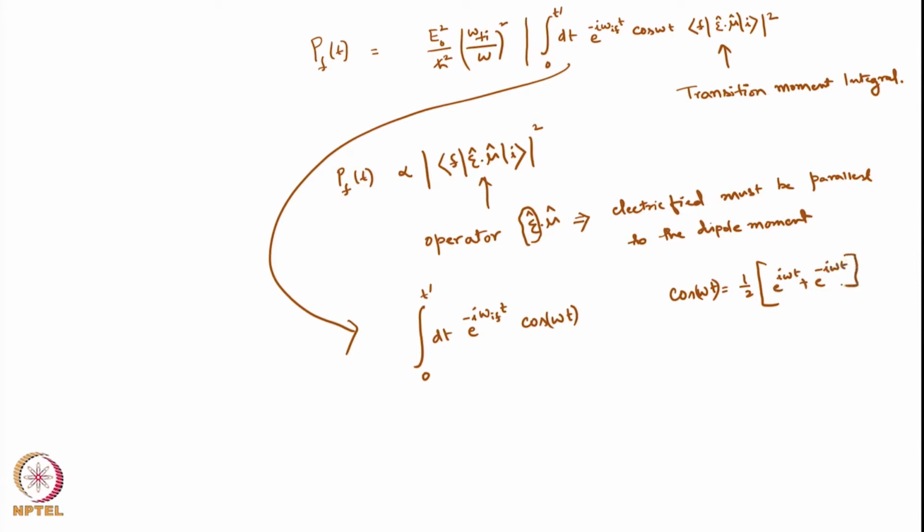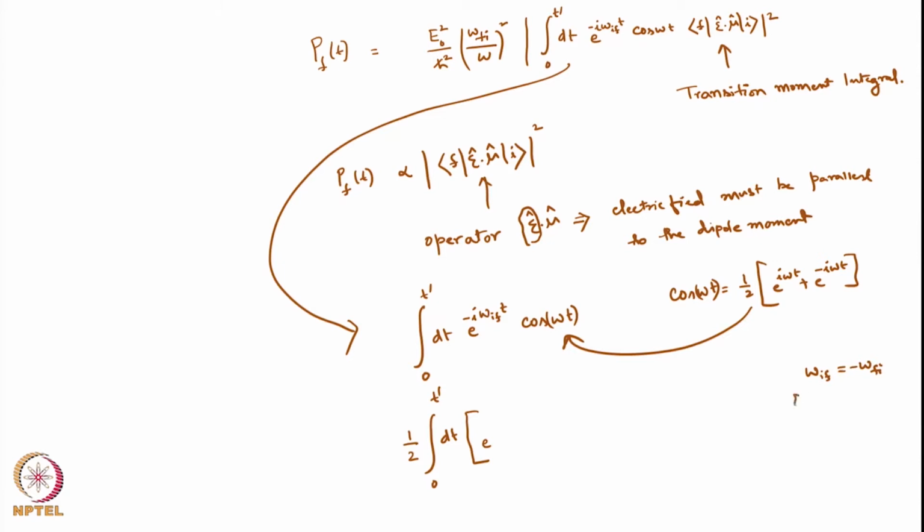Substituting that in, I take the half outside, and omega if is equal to minus omega Fi.